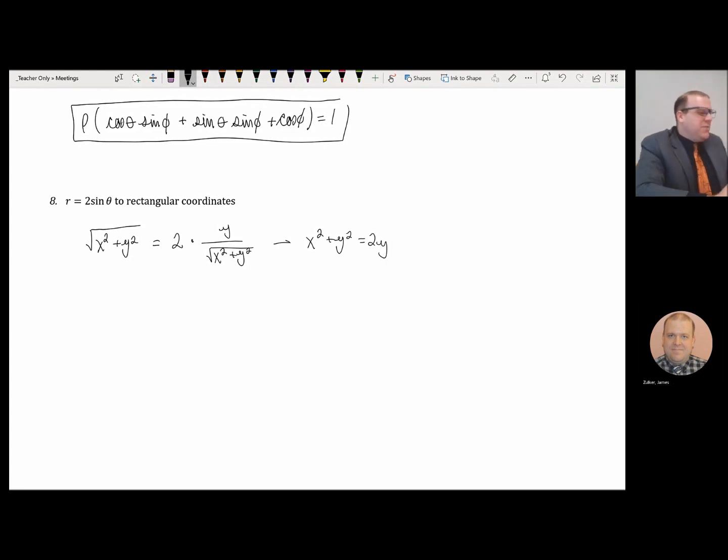Means that x squared plus y squared is equal to 2y. Okay, just multiply both sides by root x squared plus y squared. Okay, move 2y to the other side. And then complete the square.